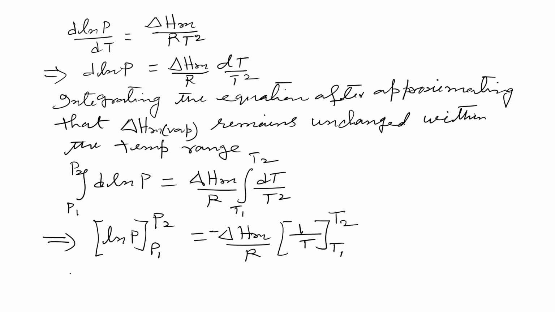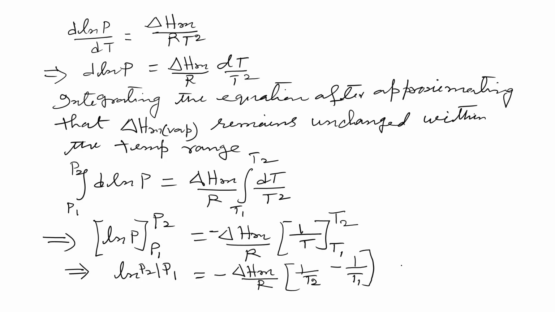If I put the limit, it is ln P2 minus ln P1, that means ln P2 by P1 is equal to minus delta Hm by R, then 1 by T2 minus 1 by T1. So this is equation number 2, and this is the integrated form of the Clausius-Clapeyron equation, right?